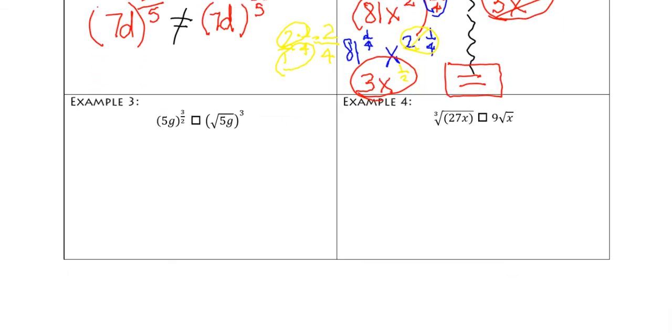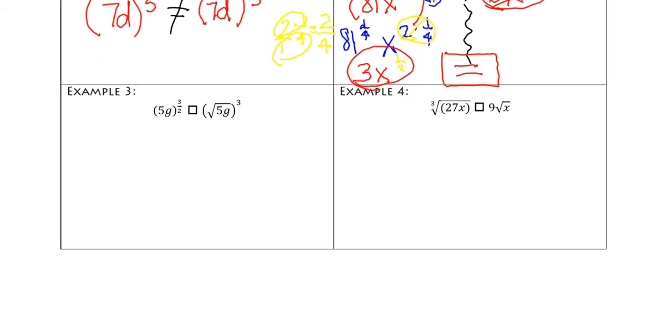All right, example 3. The left-hand side is exactly how we want it: 5g in parentheses to the 3/2 power. So let's rewrite the right-hand side, and I'll do this in red here. This 3 is going to be applied to the inside here.